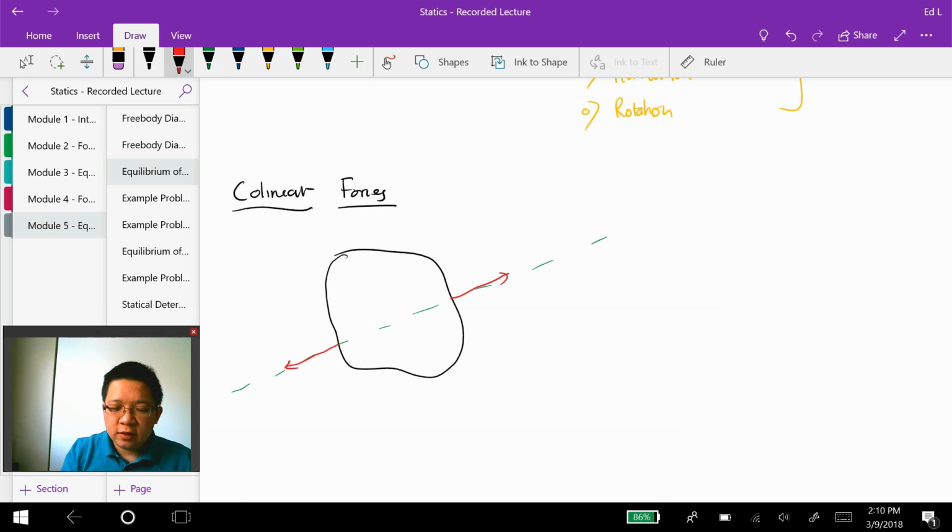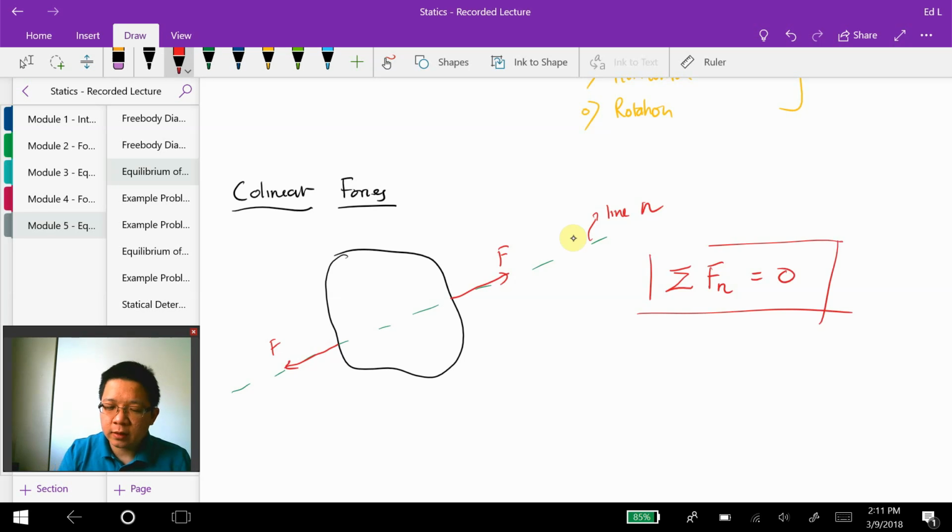What does it mean to be collinear? Those forces are acting along the same line of action. For this case, if this is line N, then we can only write one equilibrium equation, which is the sum of the forces in the n direction equal to 0.